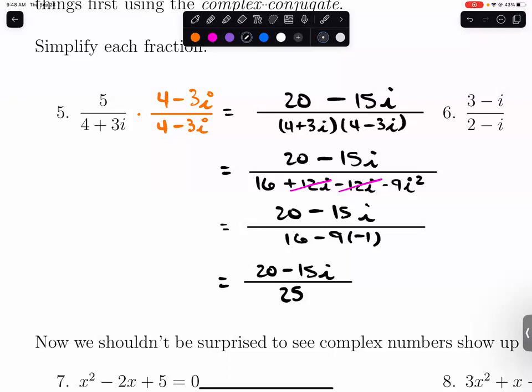But I see lots of stuff that's divisible by 5. So we can reduce. And again, here, just like we talked about on Tuesday, it might be helpful to think about it that way for reducing. 20 over 25 is 4/5. 15 over 25 is 3/5.